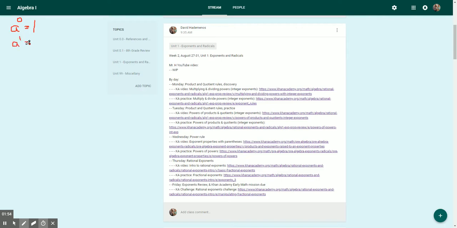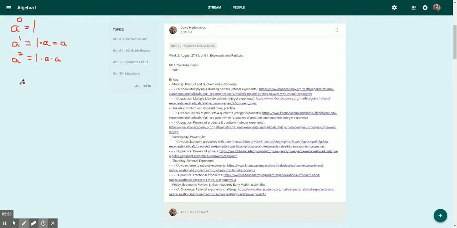A to the first power, anything to the first power is itself, so 1 times a, which is a. A to the second power, we're going to have 1 times a times a. And then so on. So a to the third would be 1 times a times a times a, etc.